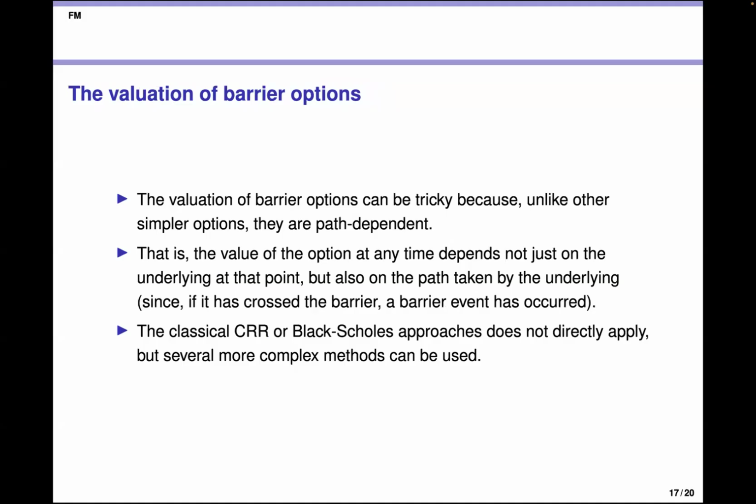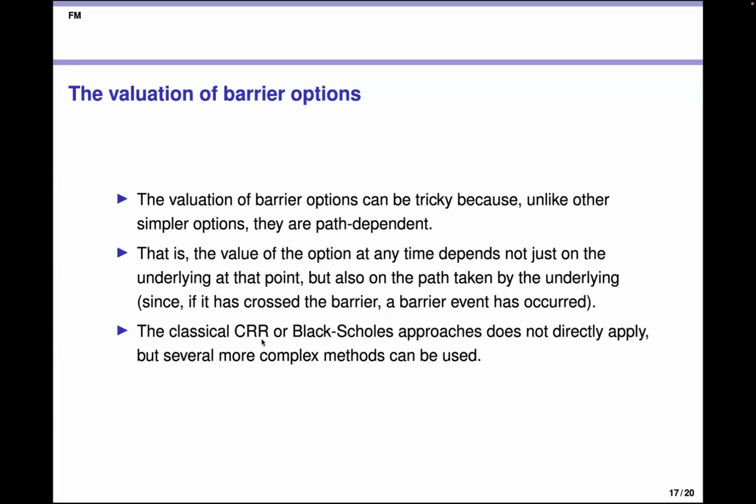So in summary, we can say that the valuation of barrier options can be tricky because they are path dependent. That is, the value of the option at any time depends not just on the underlying at this point, but also on the path taken by the underlying, whether it has crossed the barrier, whether a barrier event has occurred.